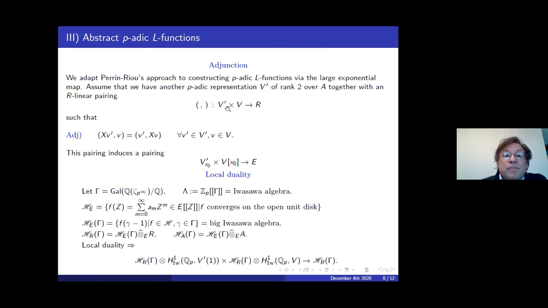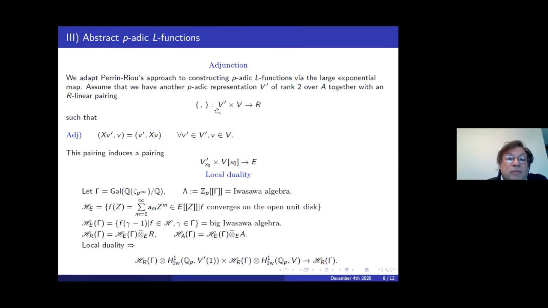Even if V prime and V are A-linear representations, we consider the pairing which is only R-linear, but not A-linear.